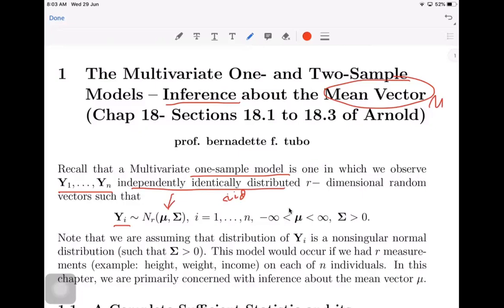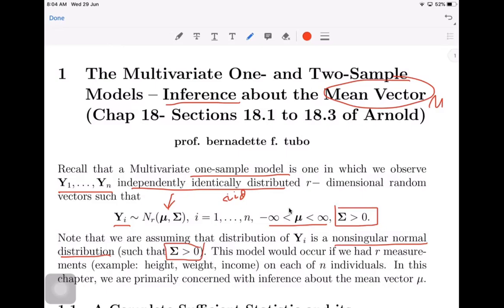The mean can take values from negative infinity to positive infinity, but your covariance matrix should be positive definite. Note that we are assuming the distribution of the yi to be a non-singular normal distribution. That is, we assume sigma to be positive definite so that it is invertible and the inverse of sigma exists.